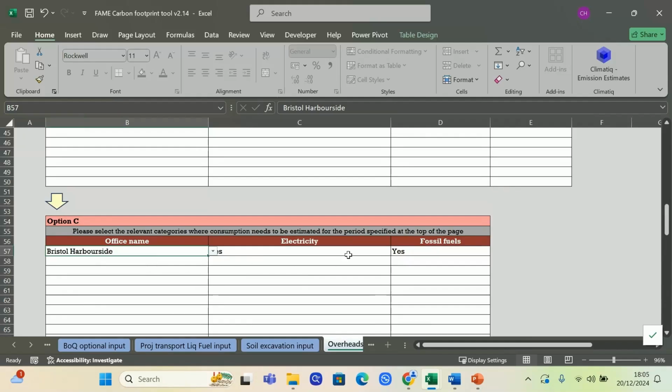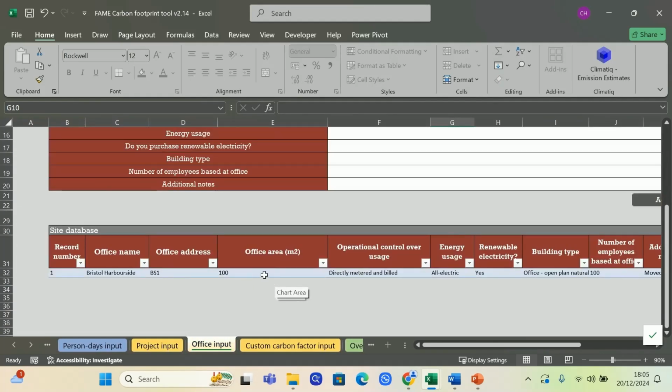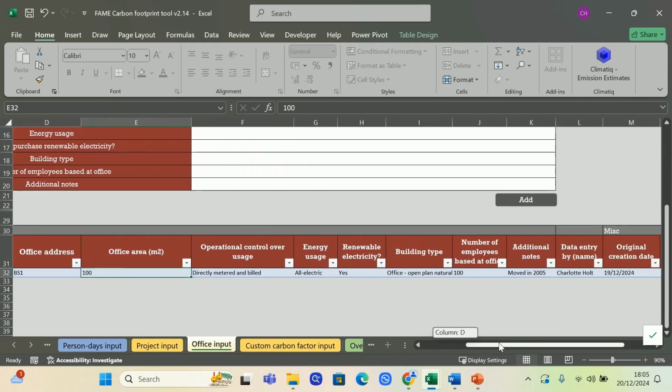So if you're asking the tool to estimate your building consumption, it will take the information that you input in the office input. So here, it will take the 100 metres squared and find the industry standard benchmark for consumption per kilowatt hour per metre squared per year for an office, open plan, naturally ventilated.